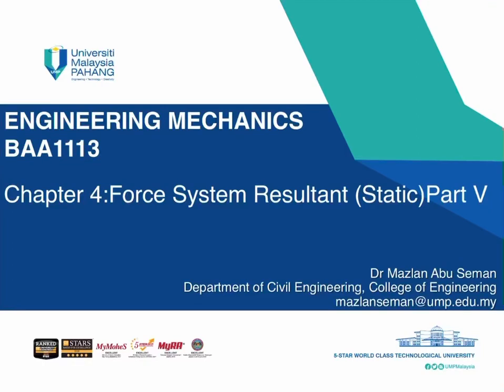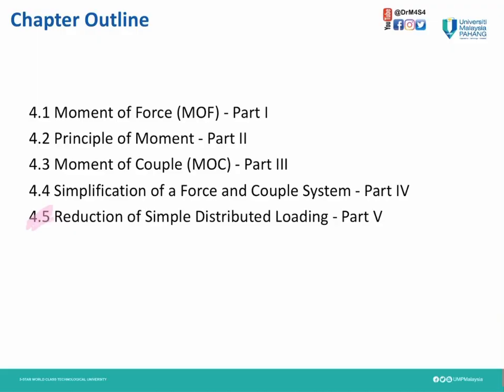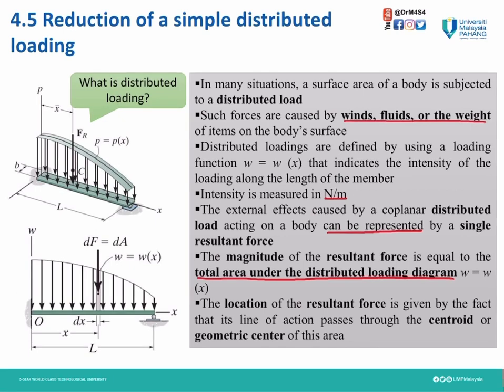Today we're going to continue to the last part, which is the reduction of simple distributed loading. What is distributed loading? In many situations, a surface of a body may be subjected to a distributed loading. It can be caused by wind, fluids, or the weight of an item on that body surface.